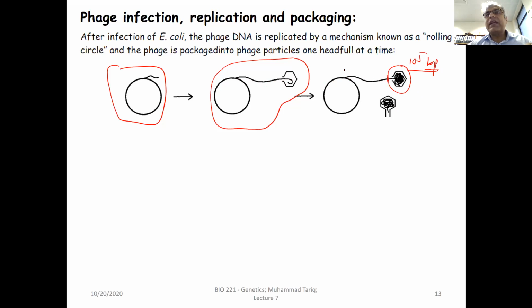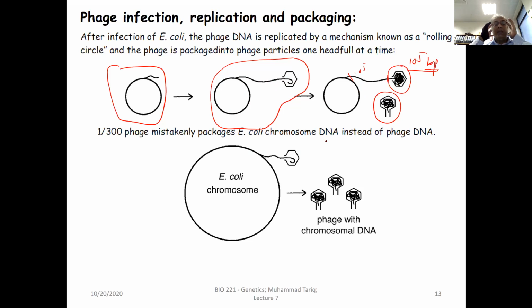And then the next 10 to the power 5 base pairs are packaged. Since this is a rolling circle, it is like a ribbon being pulled off a pulley, and it's being replicated. The replication machinery is making copies, and in the form of concatemers, it gets cut precisely at 10 to the 5 base pairs and packaged into the phage head.